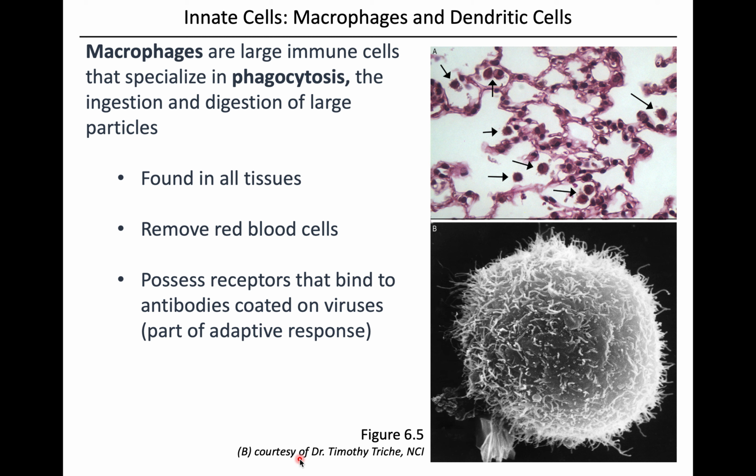They're phagocytic cells, meaning they can essentially eat other particles or cells in the body. Macrophages are found in all parts of your body, in all tissues. One common job is just to remove red blood cells that are not in good shape or that need to be replaced. But they do also have receptors on their surface that can bind to antibodies coded on invading pathogens, including viruses. So you're going to see macrophages tied in with the more specific adaptive response in that respect, and we'll come to that.